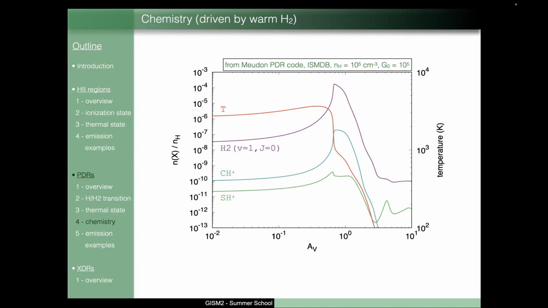And what you see is that CH+, which is formed through an endothermic reaction, is basically formed in a region where the temperature decreases and where it is too small, in fact, to activate this reaction. What leads to the formation of species like CH+ and SH+ in this environment is the production of a large amount of vibrationally excited H2. Okay.